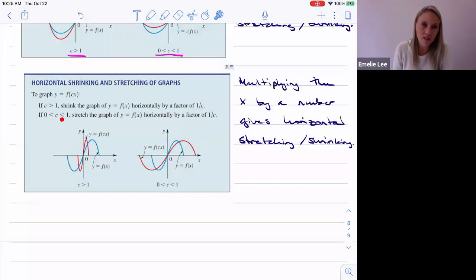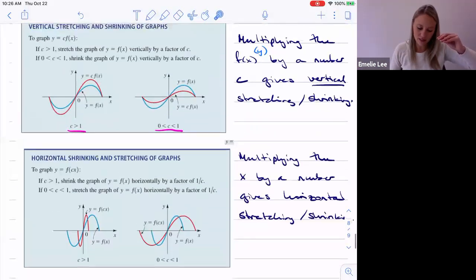Whereas if c is between 0 and 1, then we get this kind of elongated function, because notice that it still goes to the same minimum and maximum. The same maximum and minimums are here. It's just the values that they happen at are either smushed together or elongated. So nothing happens to the amplitude. That's for c times f of x to do.